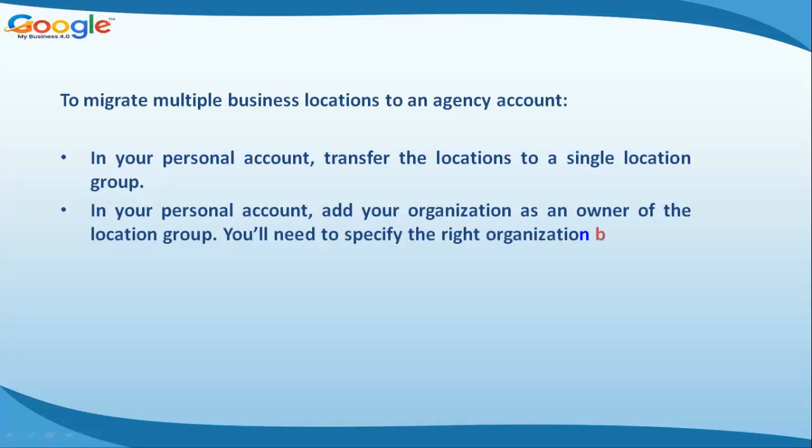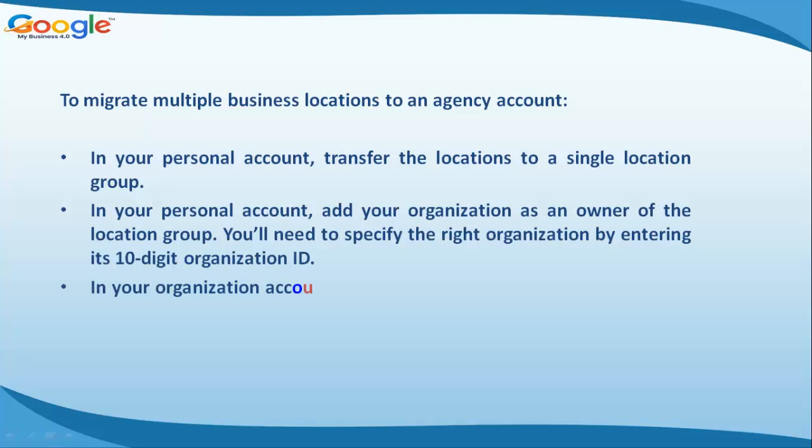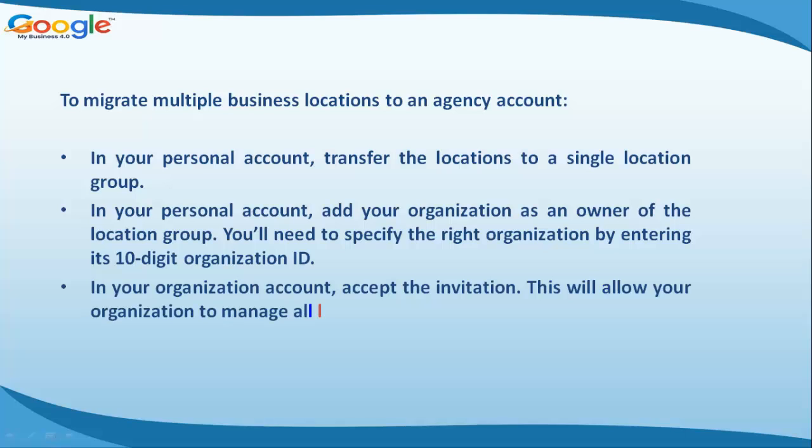In your personal account, add your organization as an owner of the location group. You'll need to specify the right organization by entering its 10-digit organization ID. In your organization account, accept the invitation. This will allow your organization to manage all locations in the location group.